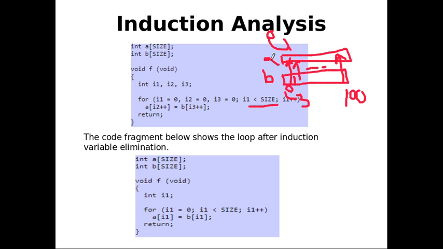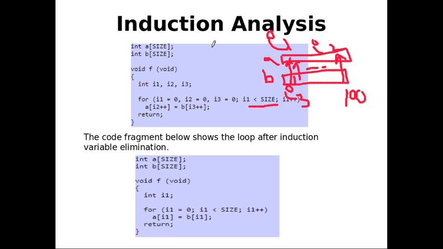In the same way, for the A array I am using the indexing variable I2. How many indexing variables totally am I using? 3. One for the B array, one more for the A array, and one more for how many elements I have, those number of times I am copying. Nothing but for my repetition.